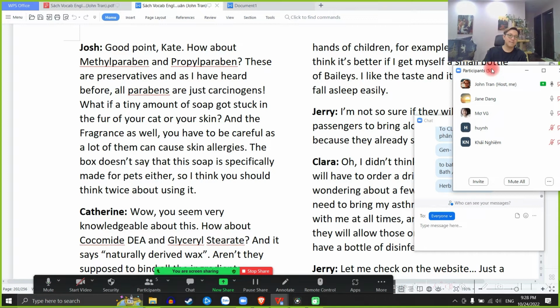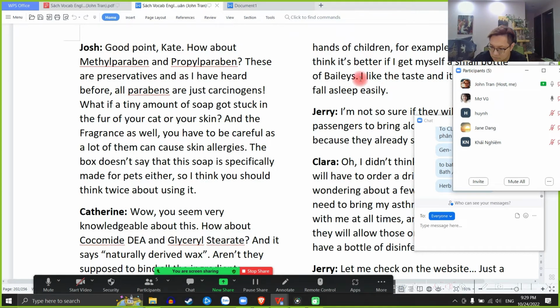Good point, Kate. How about methylparaben and propylparaben? These are preservatives, and as I have heard before, all parabens are just carcinogens.